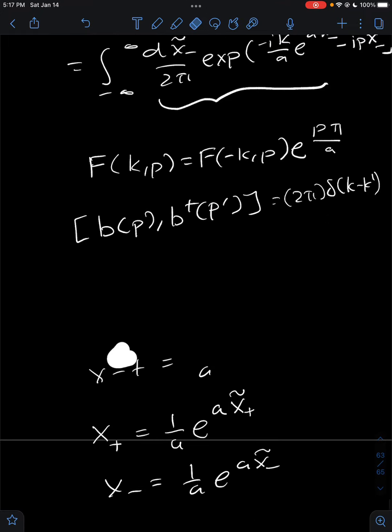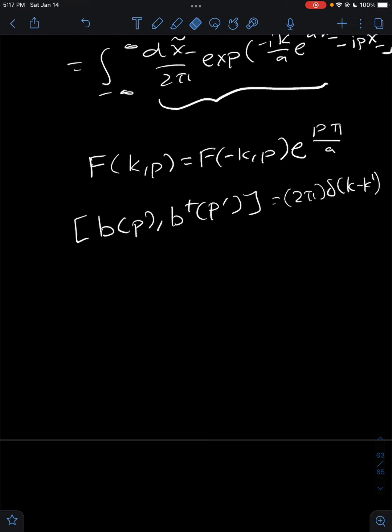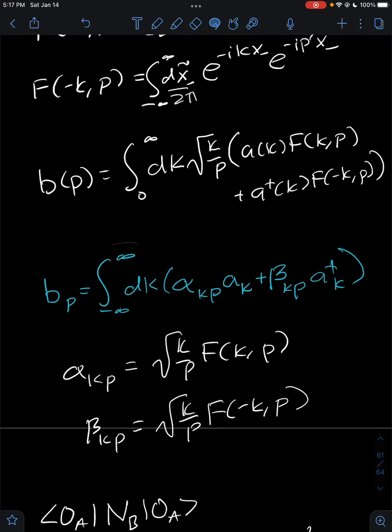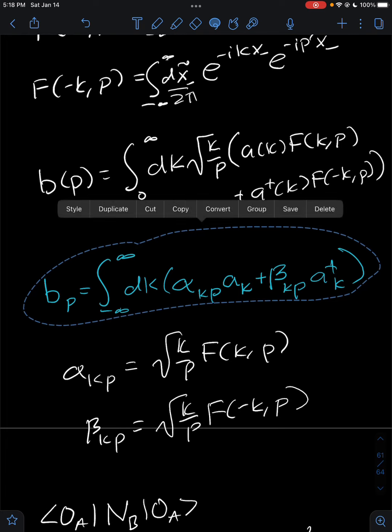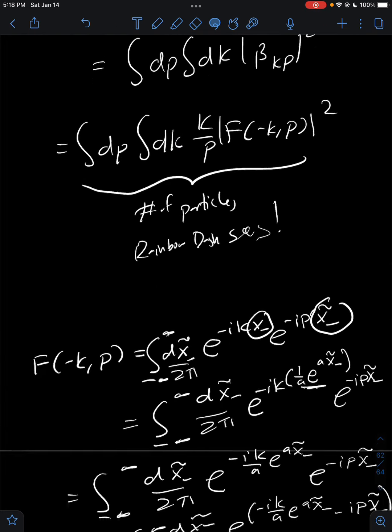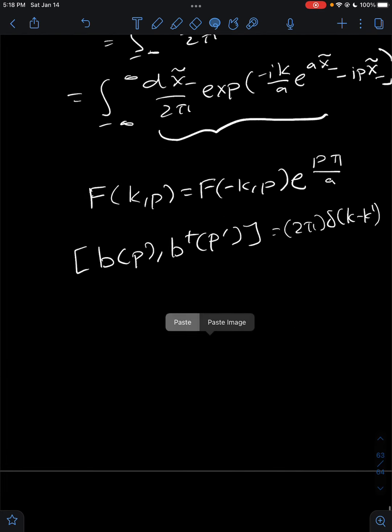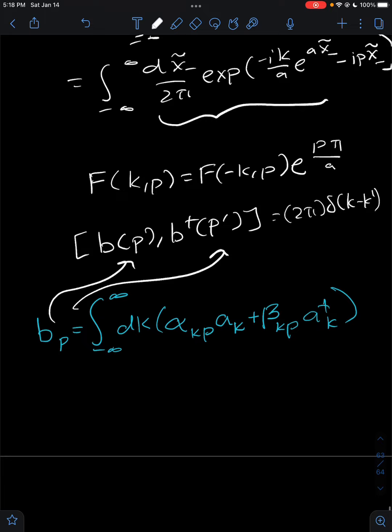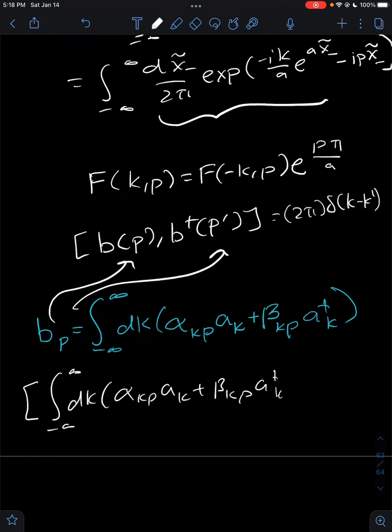Let's take another look at our Bogoliubov transformation. It's this guy right over here. So we can actually just sub in the Bogoliubov coefficients. We can sub that in to our commutation relation. So this means that the commutator of this integral, dk alpha k p a k plus b k. Also, by the way, we're using an alpha here.